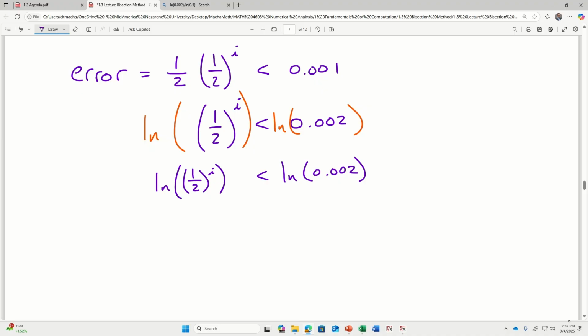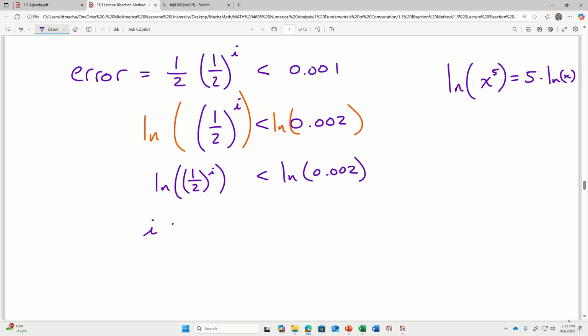And one thing you might know from properties of logarithms is that I can take the little lowercase I exponent out of the logarithm. Anytime you've got an exponent inside the logarithm, like if I had logarithm of x to the 5th power, that's the same thing as 5 times natural log of x.